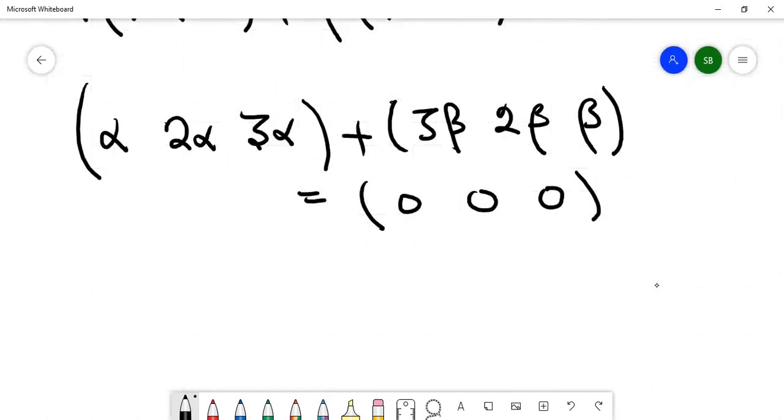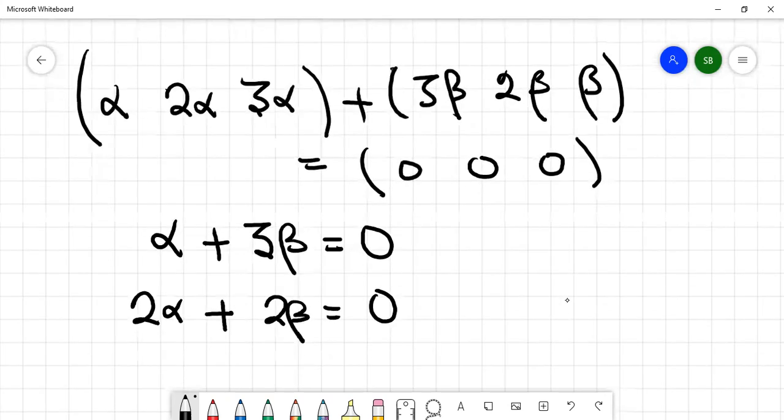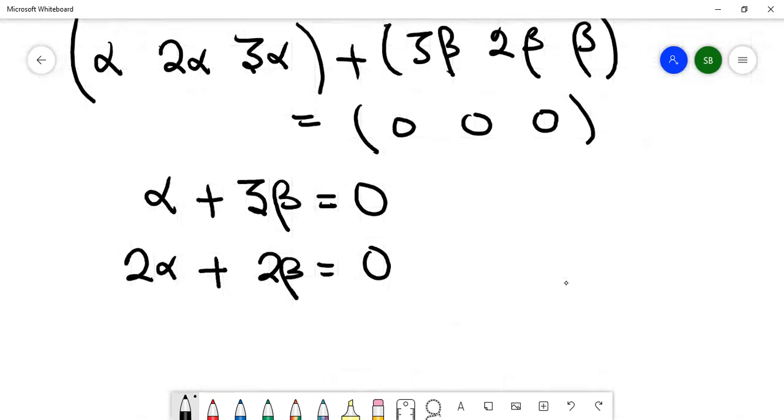Okay. Now, further simplification, following the usual addition on our vector space, we have alpha plus 3 beta is equal to 0. And what do you think we have again? 2 alpha plus 2 beta gives 0. And we have the last one, 3 alpha plus beta equals 0. But what are we doing?